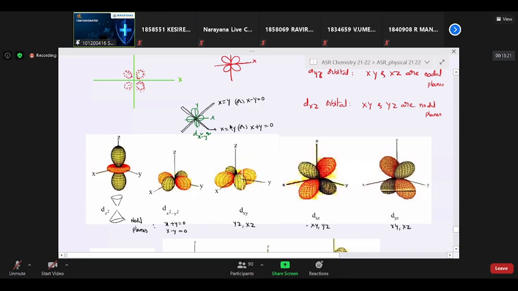For dz square, there are only two conical nodes but no nodal planes.